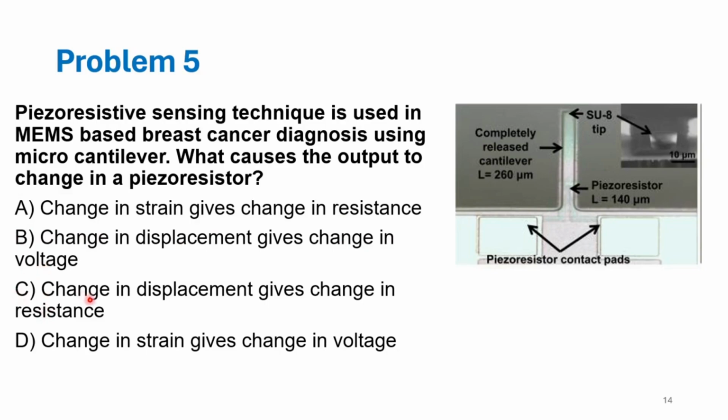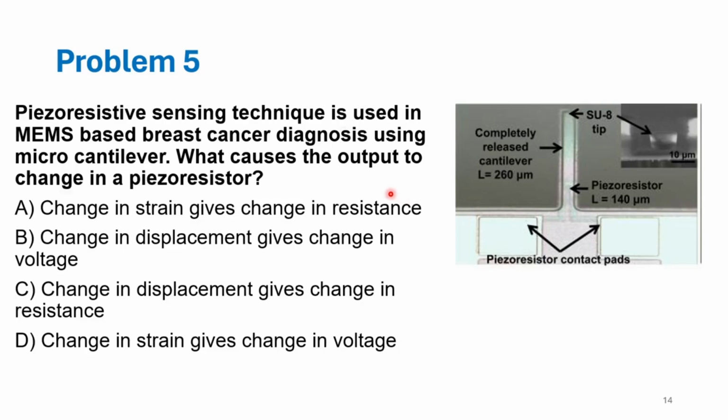Option C, change in displacement gives change in resistance. Option D, change in strain gives change in voltage. Here in this figure we see a cantilever that has a piezoresistor. This is the piezoresistive cantilever device that is used to sense breast cancer.